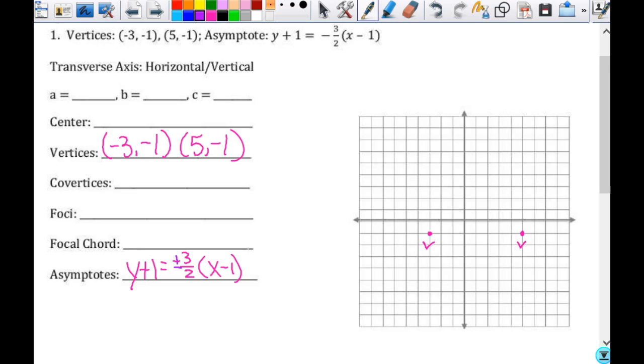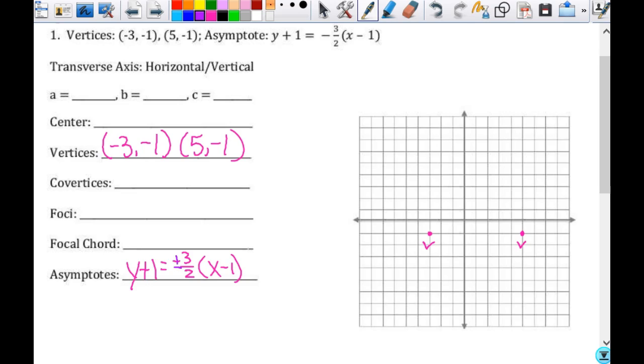So what can we find from our vertices right here? What else? Maybe not A, B, or C, but what else could we find if we know where the vertices are? The center. Okay. So if I don't have a graph, or my picture's weird, or if it's a tilted one, we're not going to work with the tilted ones right now, but if they went like this instead of horizontally or vertically, I know I can find the center by counting right here, but officially it is actually the midpoint of those two, right?